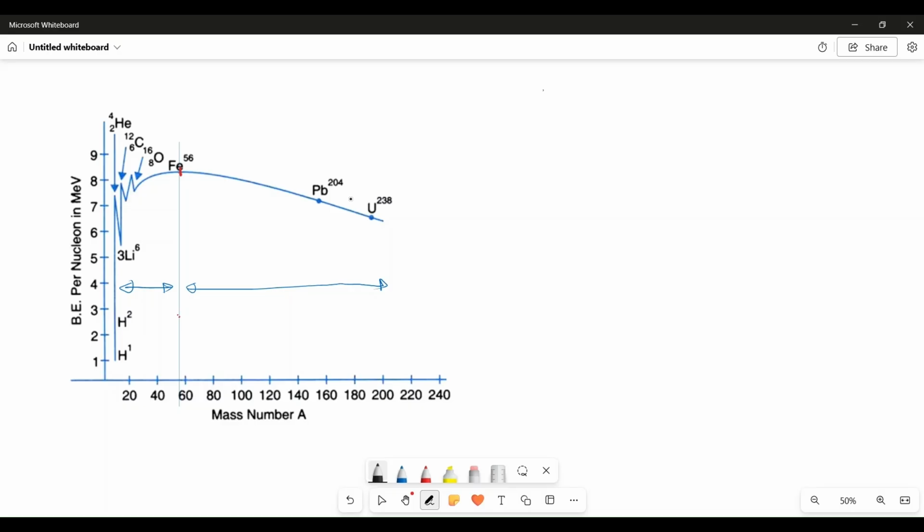So if you take uranium, for example, uranium can be more stable if its nucleus could move to this segment, right? Because in its left segment, the binding energy per nucleon is increasing. And if you take lithium, for example, it will move to a more stable situation if its nucleus moves towards the right.